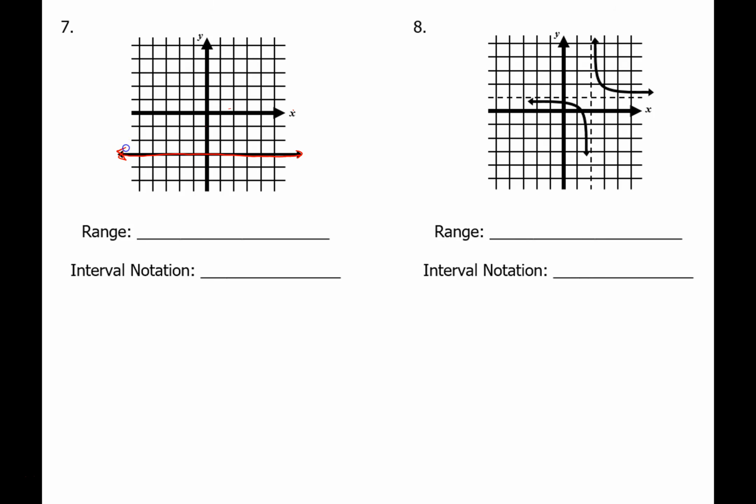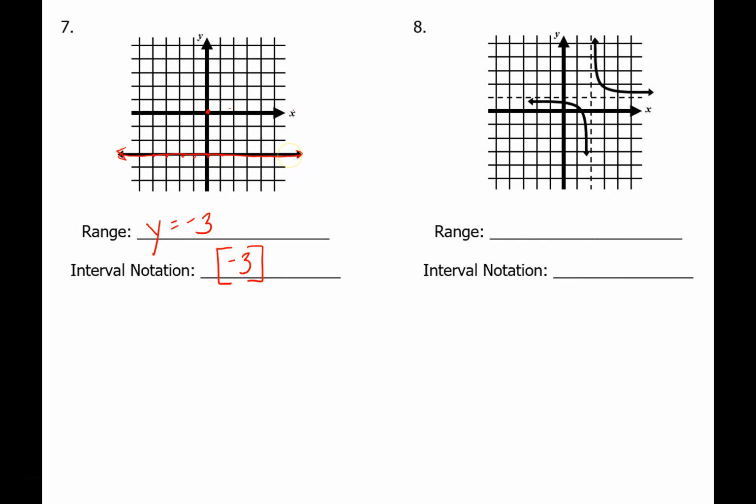Sorry about that. All right, so for this one, if this is the origin of our graph, we're looking down at negative 3. So that means the y values are always equal to negative 3. That means for interval notation, since negative 3 is the only y value that's ever included in this, we need to have that negative 3, and we're going to put square brackets around that guy.